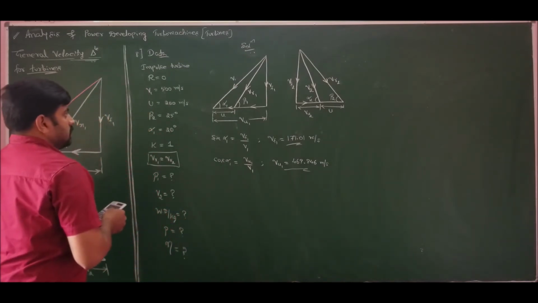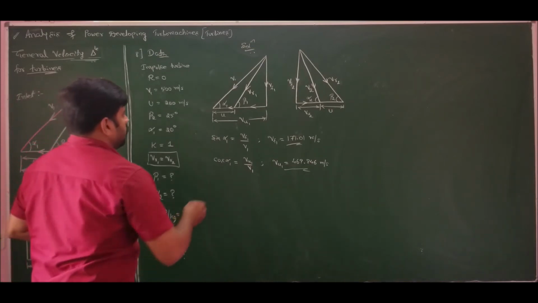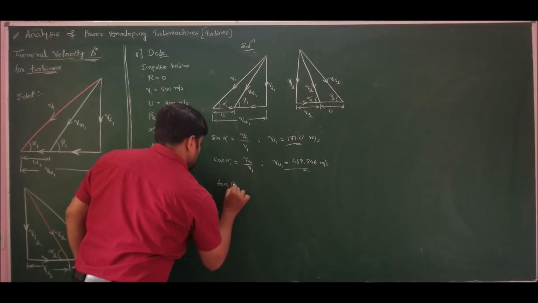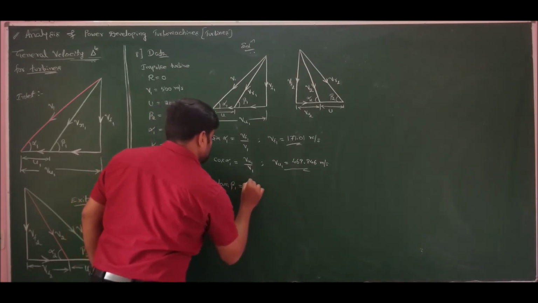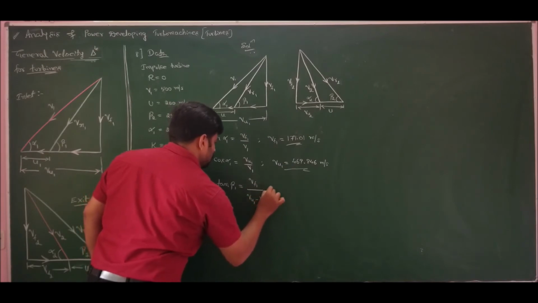Next, we know alpha 1, V1, and we calculated VF1 and VU1. Coming to beta 1, use tan beta 1. Tan beta 1 is VF1 by (VU1 minus U). So calculate the value of beta 1.